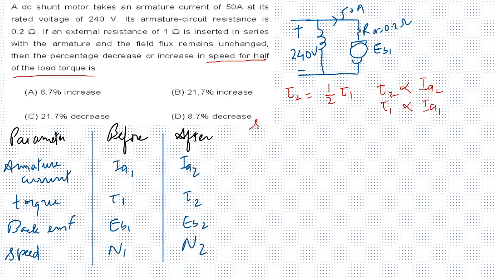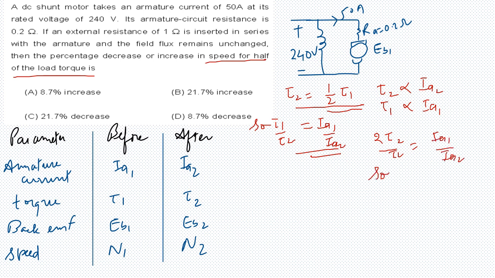So tau 1 over tau 2 is equal to Ia1 over Ia2. Now you know that tau 1 is going to be twice tau 2. Hence we can put this in the relation, and we get twice tau 2 over tau 2 is equal to Ia1 over Ia2.